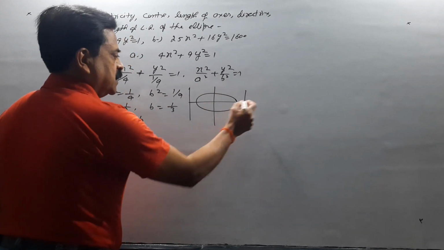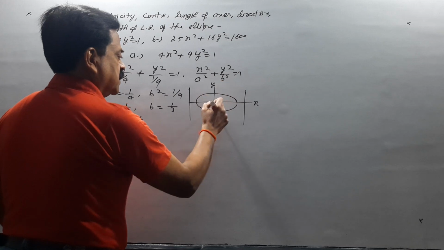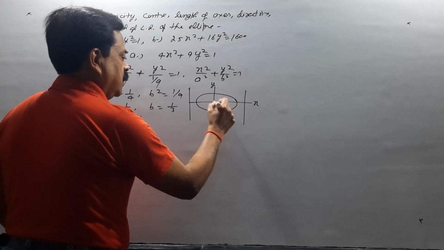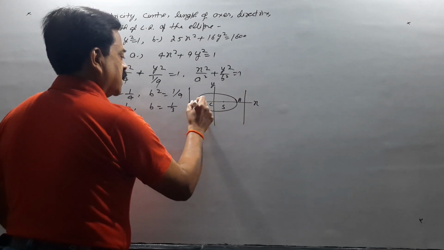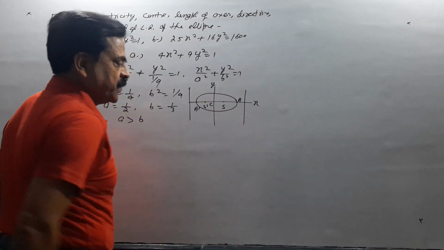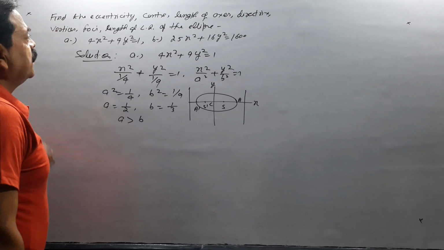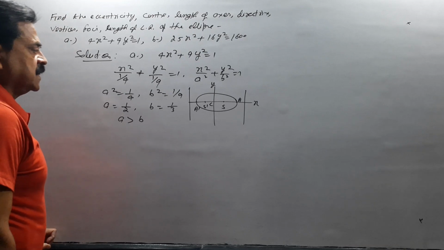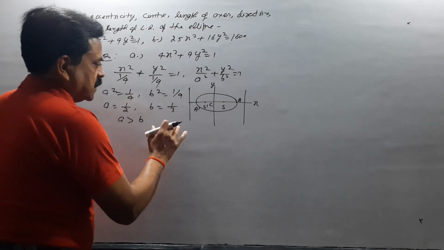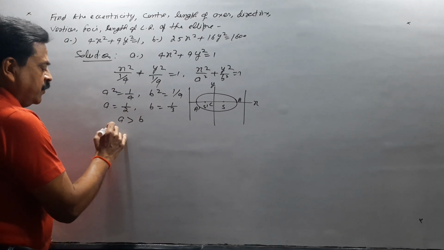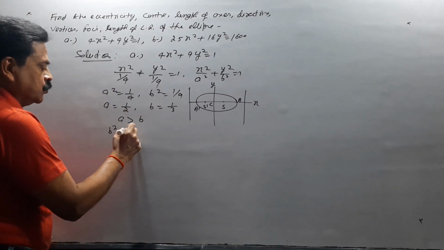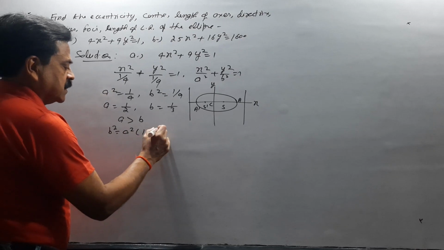Directrices are these two lines, center, foci S, S dash, vertices of major axis A, A dash. So first we have to find eccentricity. In this case, when a is greater than b, to find eccentricity we have the formula b square equals a square into 1 minus e square.